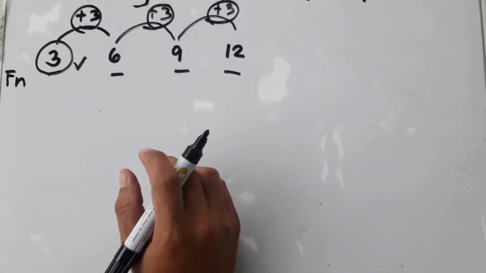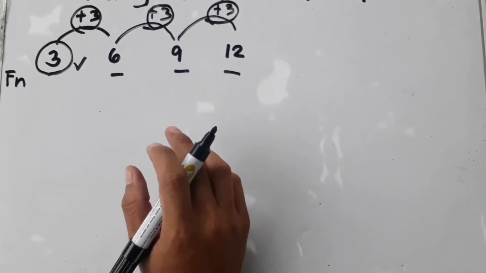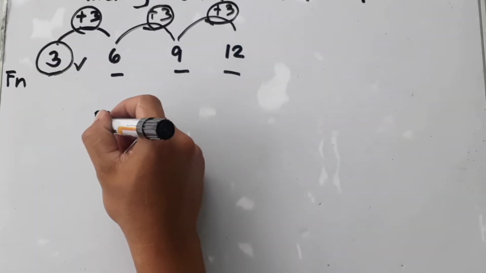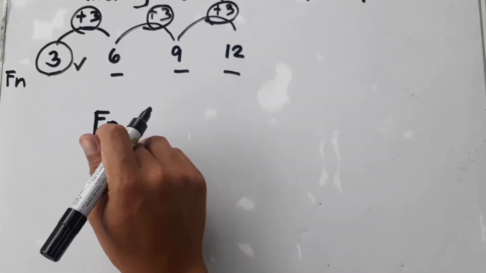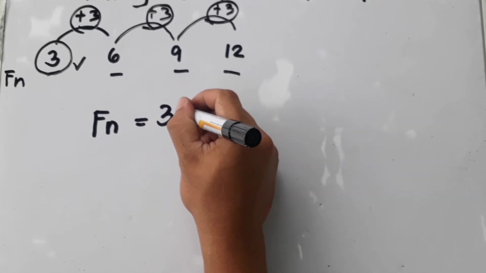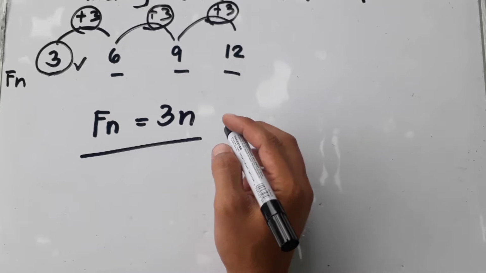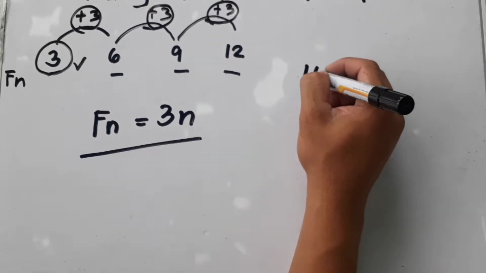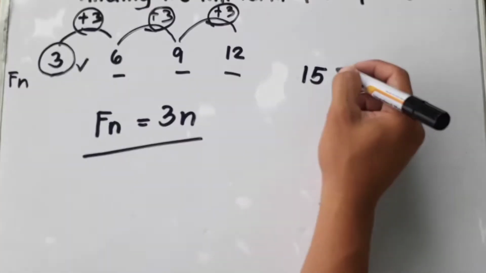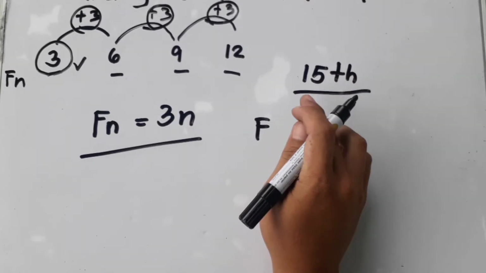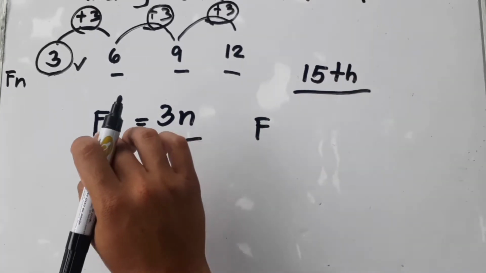If you are required to look for the value of a specific term in this sequence, you can just use this formula, f sub n equals 3n. For example, if you are required to look for the value of the 15th term in this sequence, you can just substitute 15 for n.